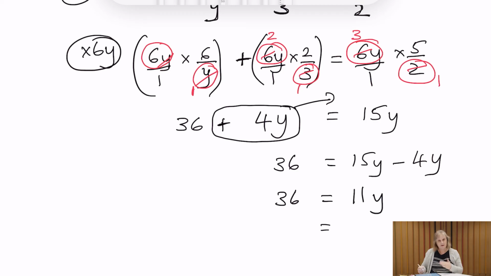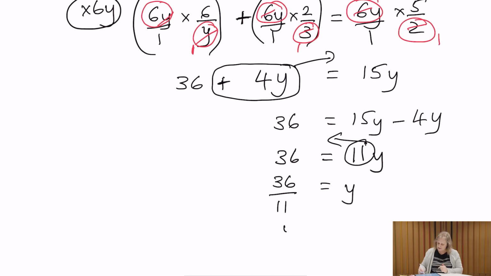Finally, we can work out the value of y, because we recognise that 11y means 11 times the value of y. We're multiplying by 11, so we do the reverse and divide by 11. So we've got 36 divided by 11, and then we just have our y on the other side.